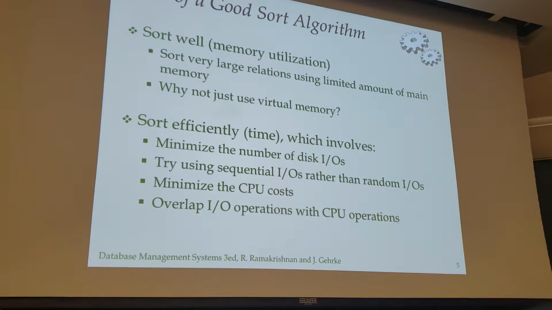You also want to sort efficiently based on time. So you want to minimize the number of IOs from disk or SSD or whatever your persistent storage is. You also want to take advantage of sequential reads so that you can read in a bunch of things together, a bunch of blocks. So you can either have a large block or a bunch of blocks you read.